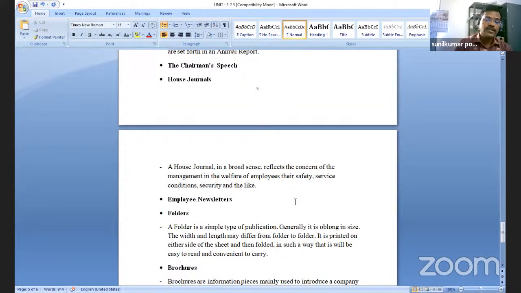Some house journals target the external public also, means dealers and stakeholders. So they will give information about the dealers and stakeholders. Also some organizations have an internal house journal and an external house journal. So both, there are three kinds of house journals.